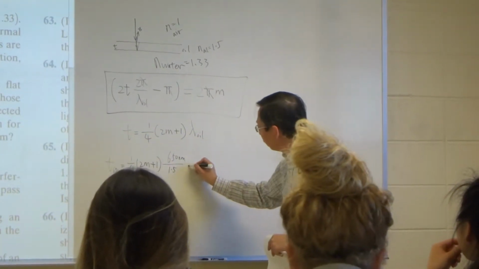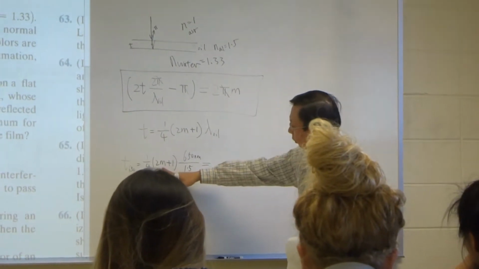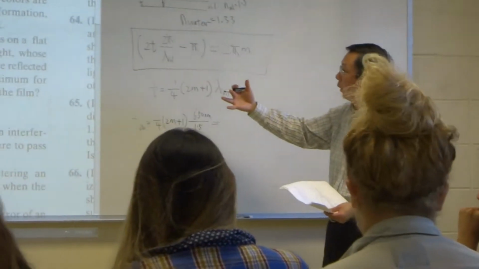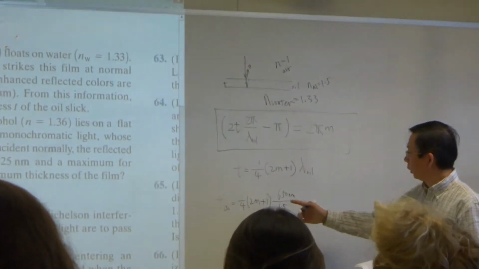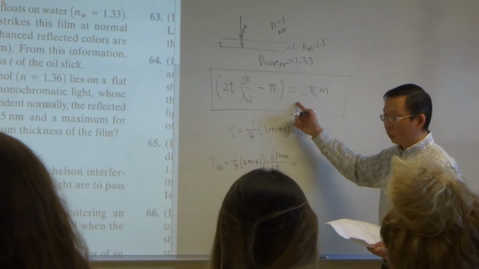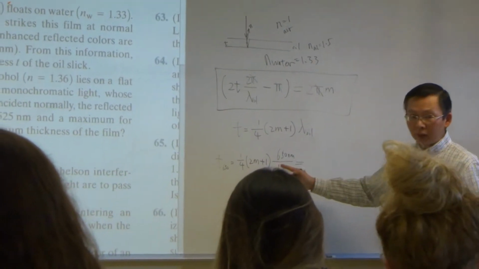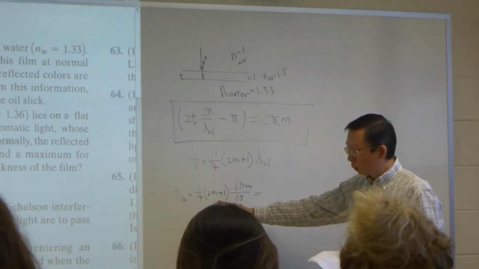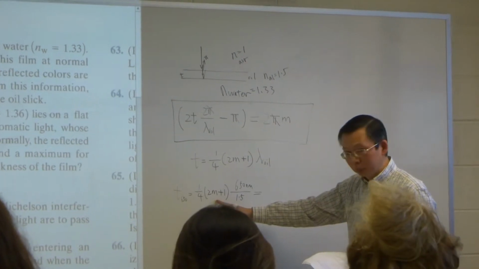Okay, so if you plug in the number of m, because it didn't tell you how many times of the phase difference, m can be any number. We just plug in any number. First plug in 0.